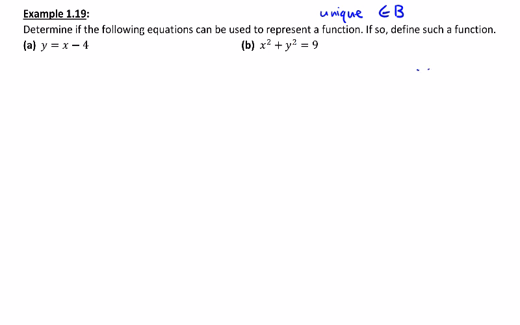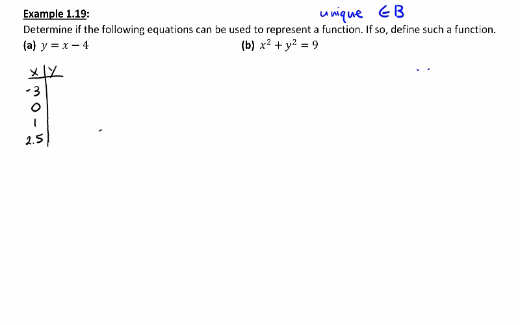So when I look at y equals x minus 4, I want to make a table to help me understand what some of the ordered pairs are going to look like. So the first column we'll call x, second column we will call y, and we'll just start picking values. Say -3, 0, 1, I don't know, maybe 2.5, just a variety of things.